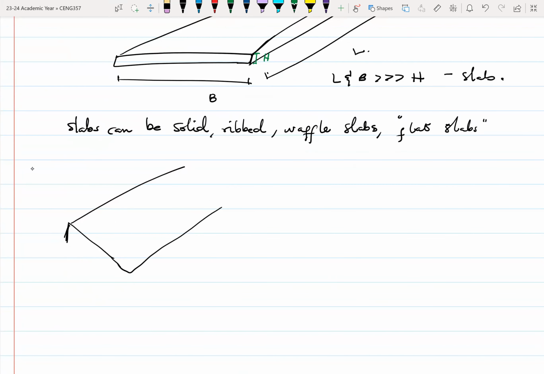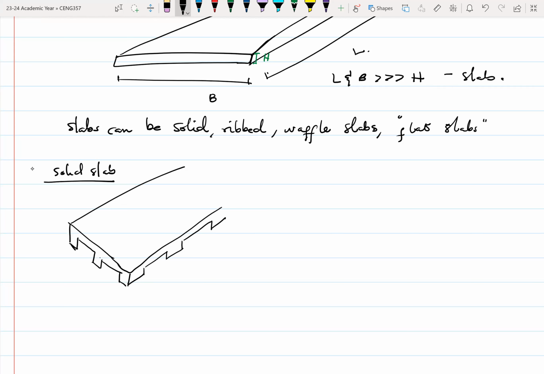I'm supposed to draw this one to look straight, so I'm just drawing them straight. So it becomes a series of crisscrossing beams. So that's a typical solid slab.